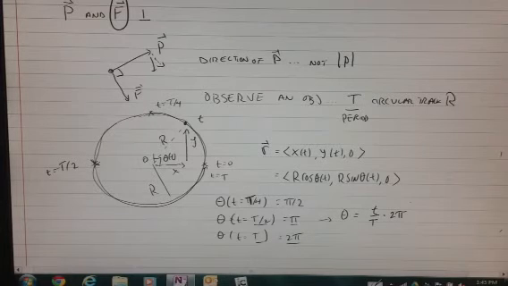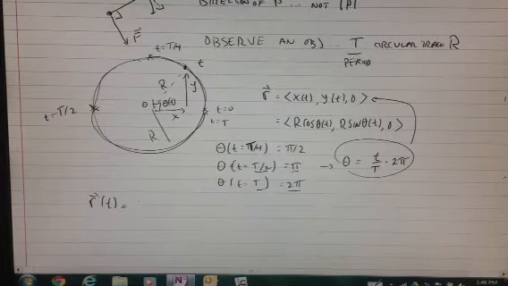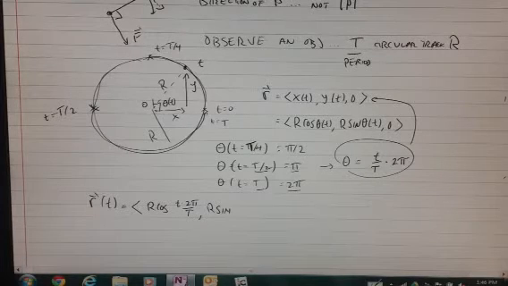When the time is equal to the period divided by 2, the angle is equal to pi, and so on. So now this can go into our trajectory. I now know that r of t is r cosine of t times 2 pi divided by the period, r times the sine of t times 2 pi divided by the period, and 0. So that is what the position is.